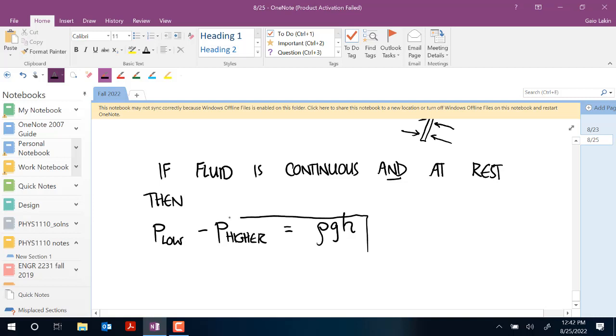This is going to be an important thing for calculating pressures in fluids at rest.